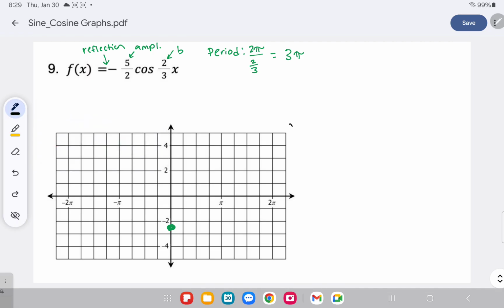We haven't had that one yet. So whenever it's a little bit funky, I just draw it out to the side. This is 3 pi. If we cut 3 pi into fourths, that would be 3 pi over 4, so these are going up by 3 pi over 4.